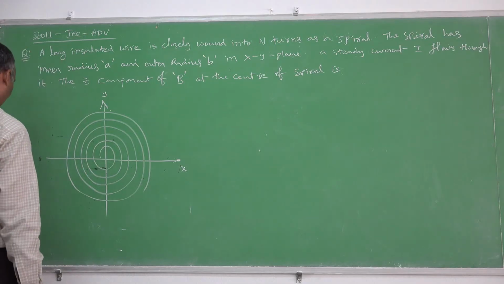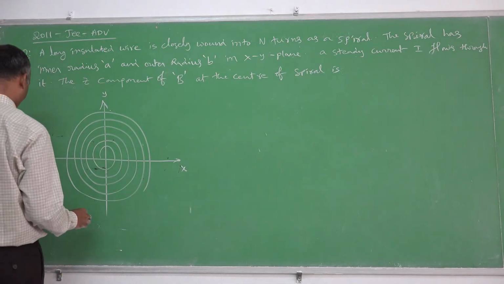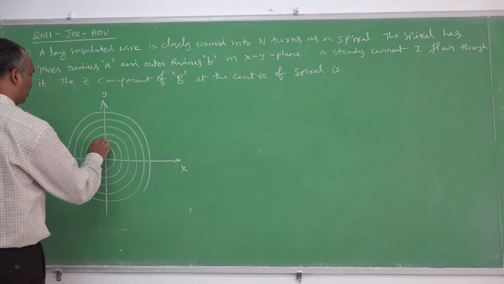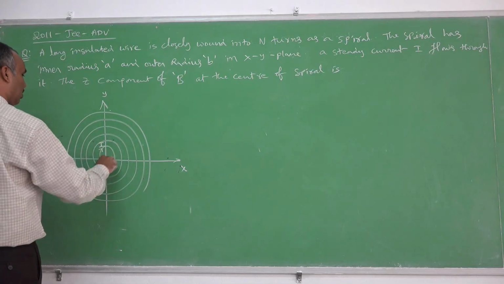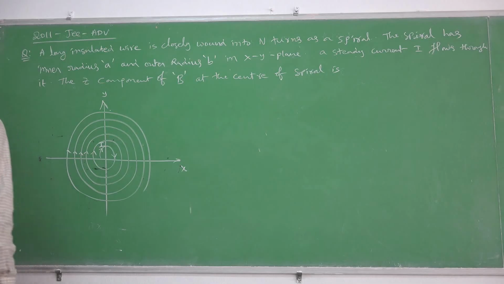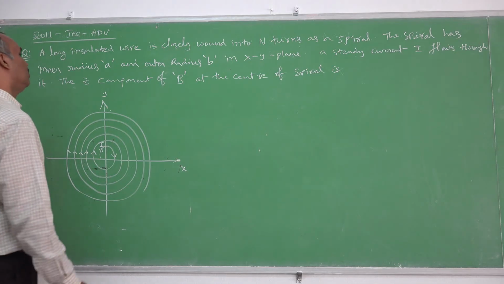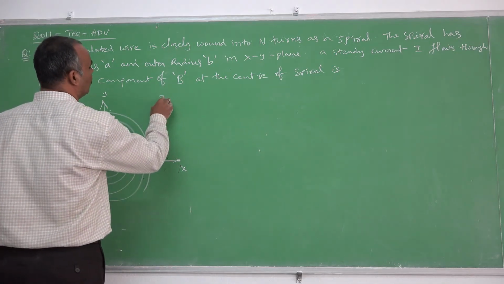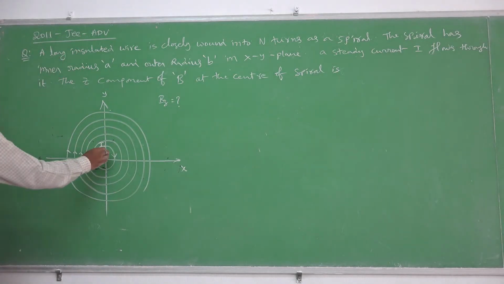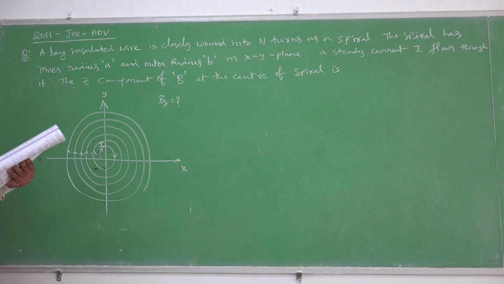This spiral is carrying current I, the strength of current passing through the spiral. Now we are required to find the Z component of the magnetic field at the center of the spiral. This is the question.